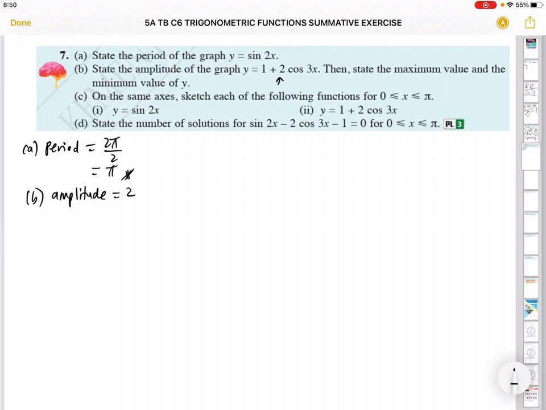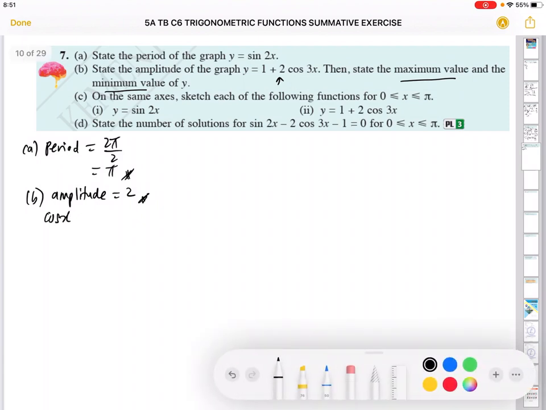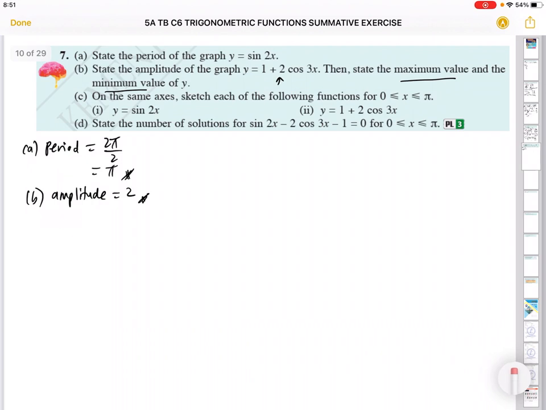Next, we need to find the maximum and minimum value of y. Now we know cos has a maximum of 1 and a minimum of -1. So for cos 3x, it just has a maximum of 1 and a minimum of -1.